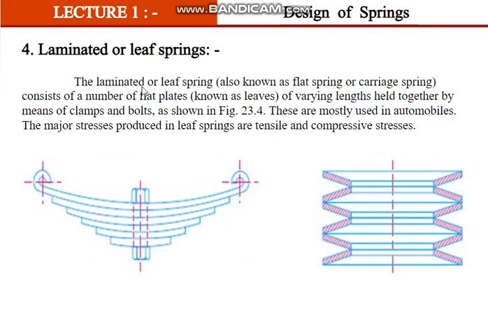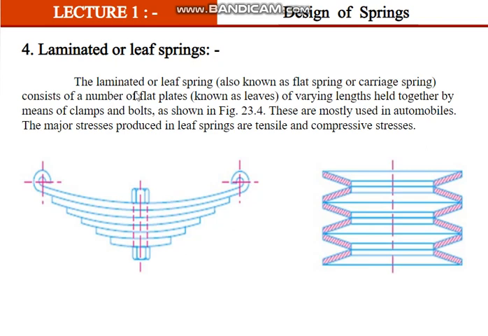Then another type of spring is called leaf spring. This is also called laminated springs. This is how it looks in the pictures. These are laminated springs. Where do you use it? Laminated means lamina, which means like a thin sheet.